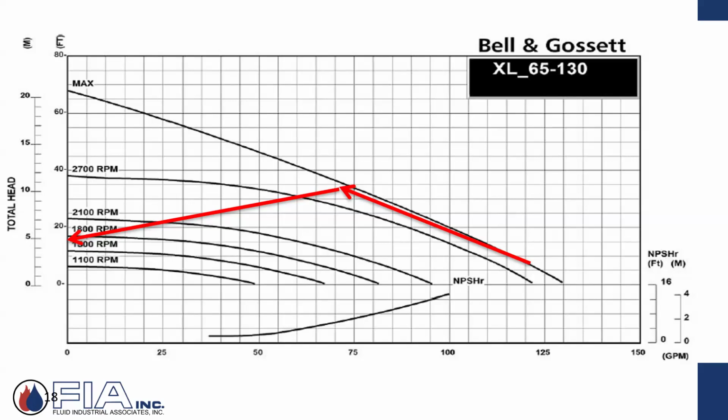It actually references the maximum feet of head it can develop and the maximum flow rate. Kind of the first time the model number actually had something to do with the pump curve. So in your mind's eye, you can say, okay, at zero flow, I can develop about 65 feet of head. And then at very low pressure drop, my maximum flow rate is about 130.